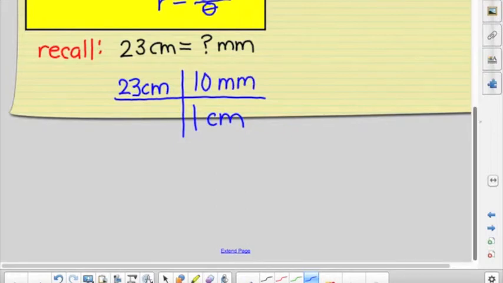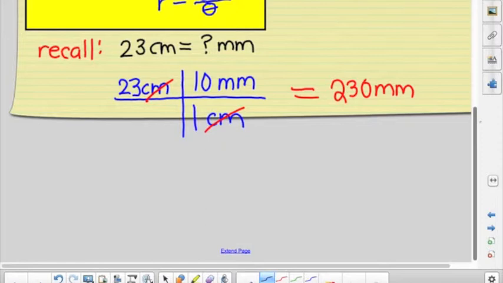And we always have to do it this way so that this centimeter and this centimeter would cancel out, and then we can multiply the corresponding numbers. So 23 times 10 would give me 230 millimeters. So you guys all understand basic conversion, right? We use this information to convert radians into degrees.